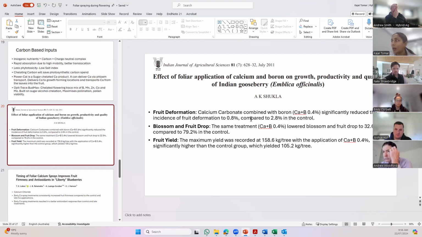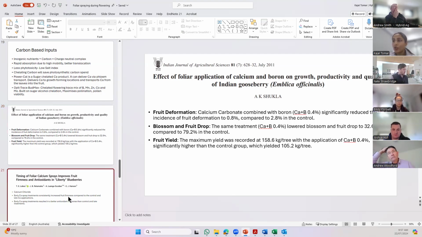This one's calcium carbonate with boron. It reduced the incidence of fruit deformation, blossom and fruit drop to a significant percentage, and it maximized the fruit yield of the tree at these particular rates. So that was good to look at.